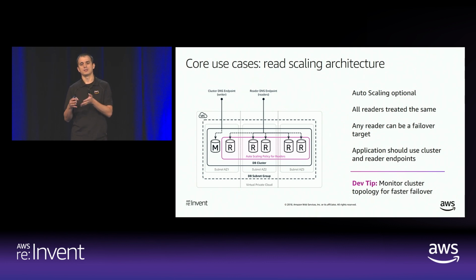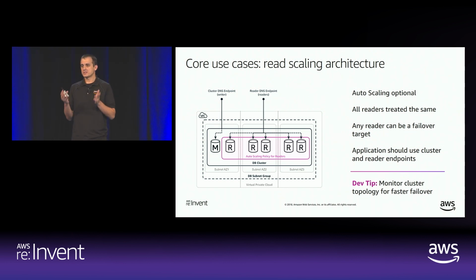Each one of them can handle all the load for your application, or you don't. So let's see what happens if you do treat them the same. Usually, in that type of a cluster, all those reader nodes have the same size as the master, because any of those reader nodes can be a failover target, right?